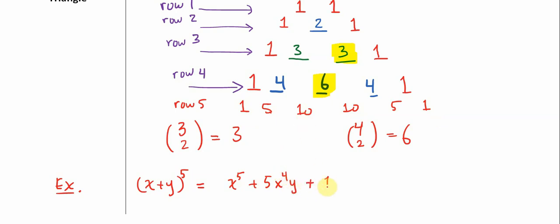Next coefficient is going to be 10, x to the 3rd, y to the 2nd. Coefficient after that is going to be 10, x to the 2nd, y to the 3rd. The next one after that is going to be 5, this coefficient here, 5 choose 4, x, y to the 4th. And the last coefficient here is going to be a 1, x to the 0th, y to the 5th.